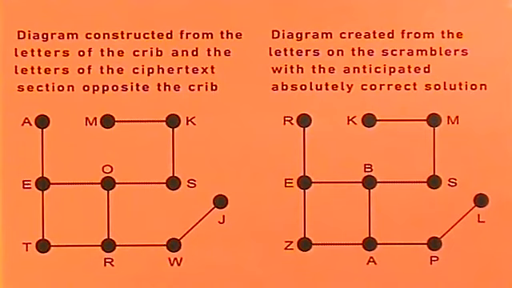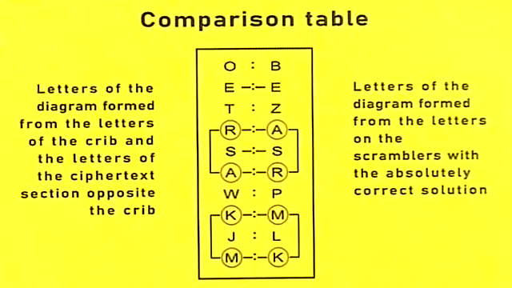There are two exceptions, however, and they are crucial. In order to be able to show that better, I have arranged the letters facing each other in a comparison table.